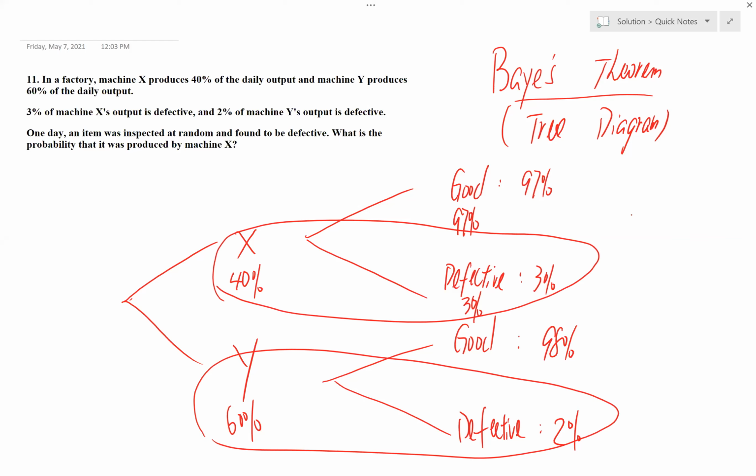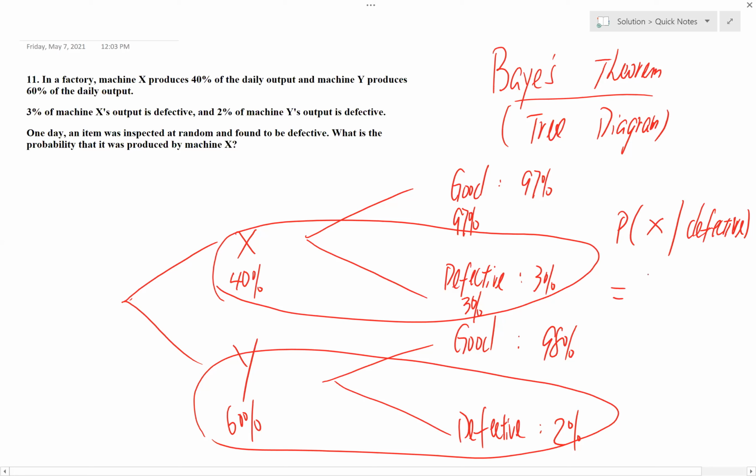So the way we write this will be probability of X, given that we find this to be defective, right? This is prior information. And then now we're going to get to the posterior information, which is after this information was revealed, what's the chance we can trace back to machine X?